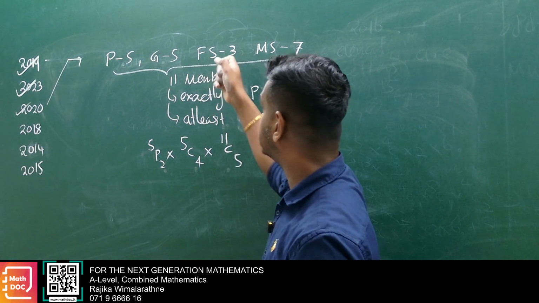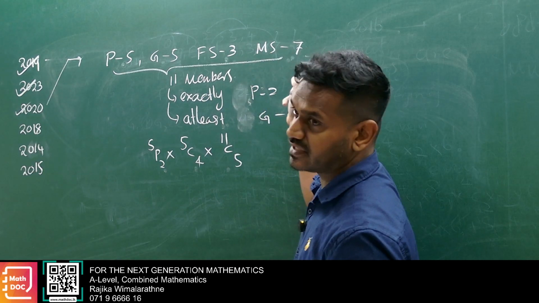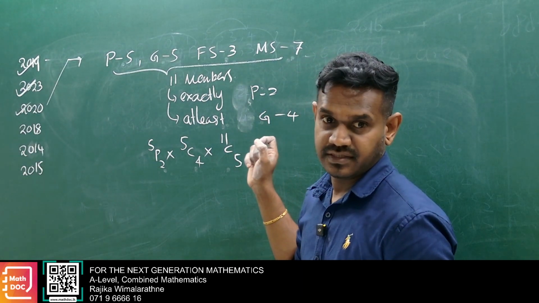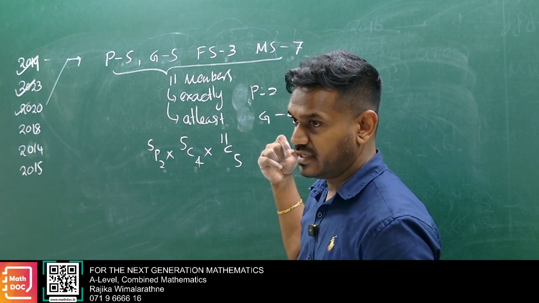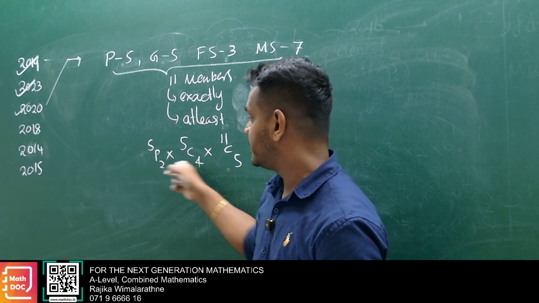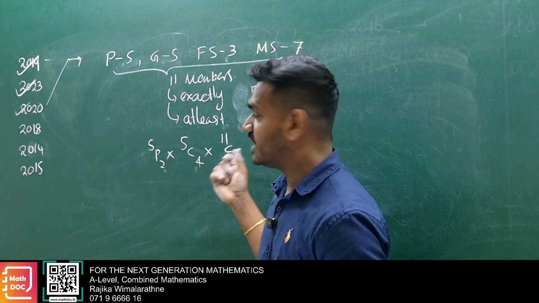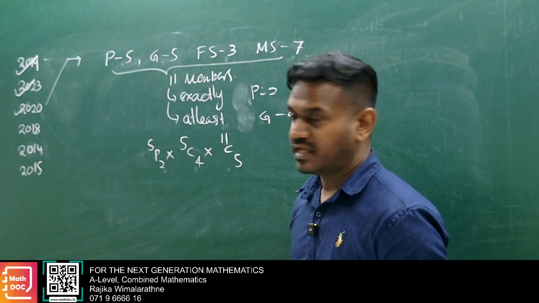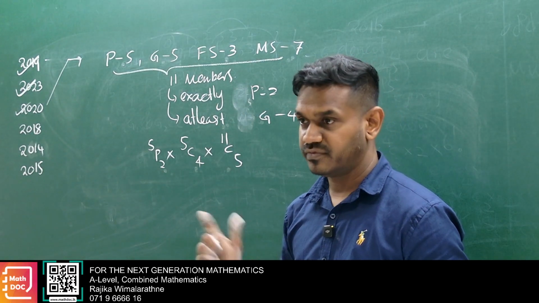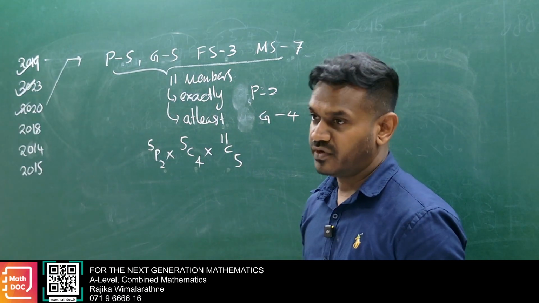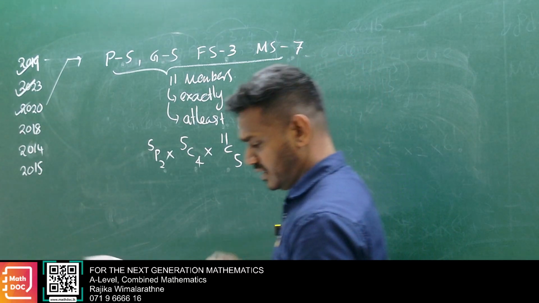Then female singers 3, male singers 7, 1 guitarist balance, altogether 7, 3, 10 and plus 1, 11. By that 11 you select the remaining part: still we have 6, we need 5. So 11C5. In that combination there can be 5 guitarists or 4 guitarists.